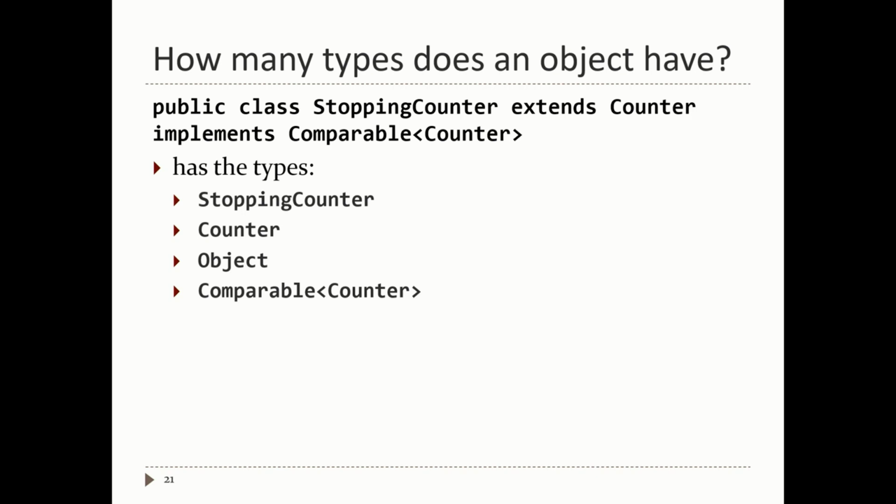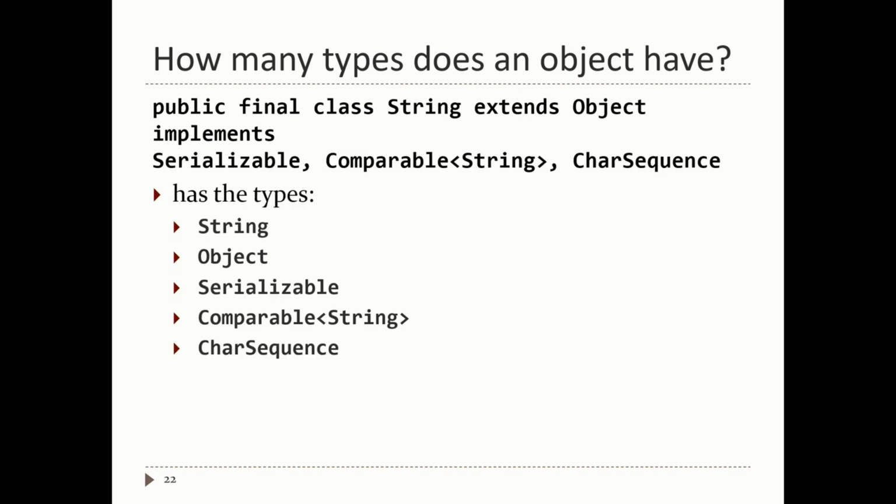StoppingCounter has 4, because StoppingCounter extends the Counter class, Counter extends Object, so there's Object, and our counters implement Comparable, and so it also has the type Comparable<Counter>. String has 5. String extends Object, so there's 2, and it implements 3 interfaces, so it has 5 types in total.